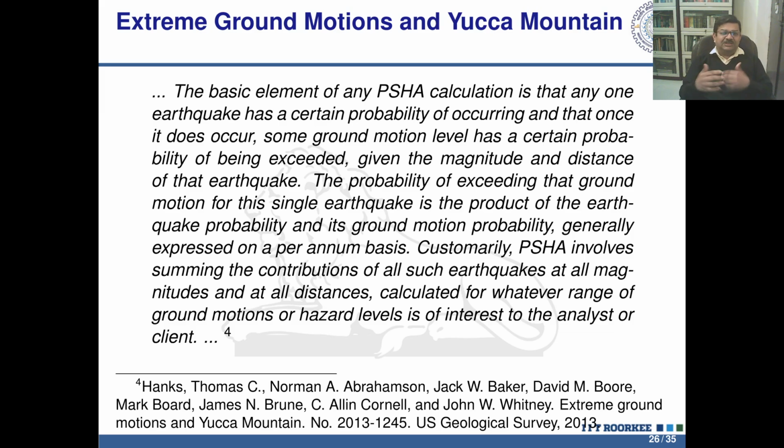Given the magnitude and distance of that earthquake, the probability of exceeding that ground motion for this single earthquake is the product of the earthquake probability and its ground motion probability, generally expressed on a per annum basis. Customarily, probabilistic seismic hazard assessment involves summing the contribution of all such earthquakes at all magnitudes and at all distances, calculated at whatever range of ground motions or hazard levels is of interest to the analyst or client.